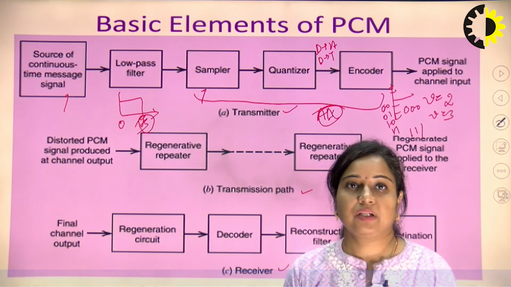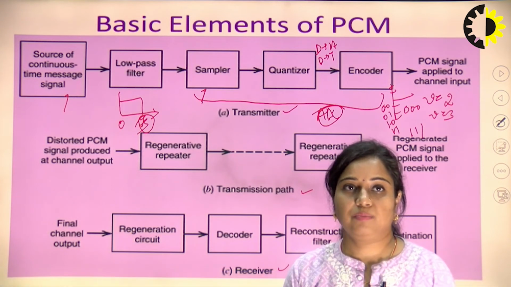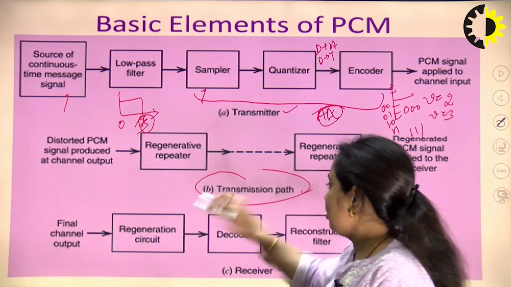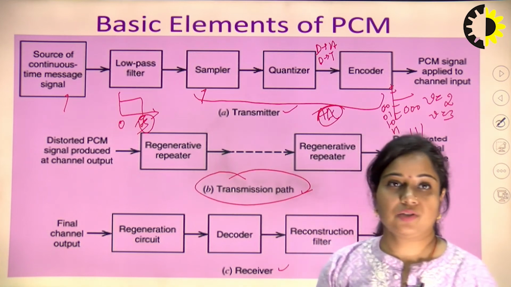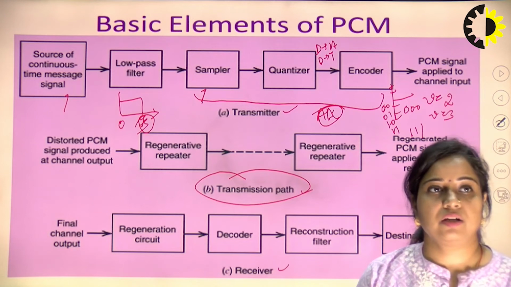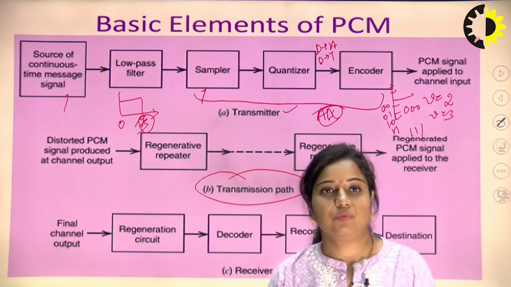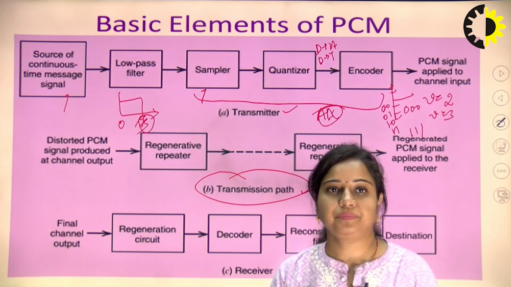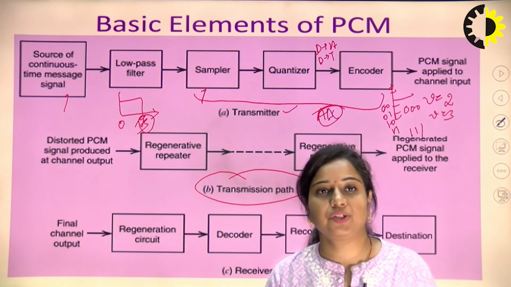The PCM signal is applied to the channel input. This is the transmission path. Since it has to travel over a channel, it will be affected by noise, because most of the noise in a communication signal is added at the channel only.